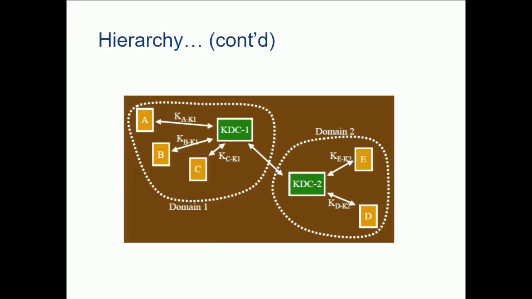In this case, the two KDCs negotiate the session key and then distribute it to both users. So we have seen some simple examples of authentication using a shared key or session key.